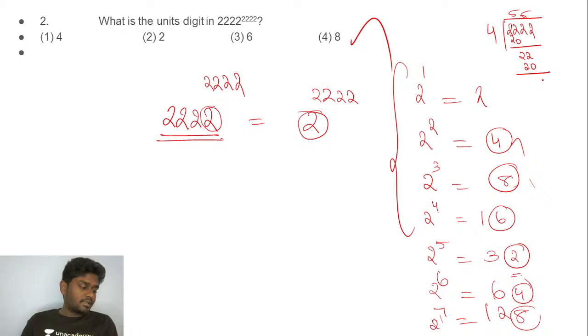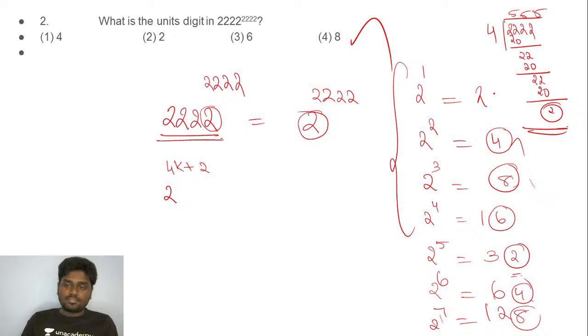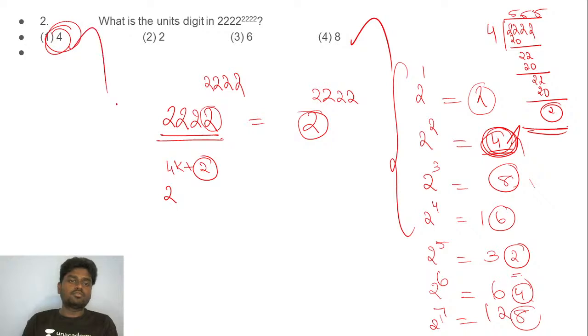So we'll be getting the remainder to be 2. So can I say I can write it as 2 power 4k plus 2. I know that 4k plus 1 is 2. So 4k plus 2 will be the second term in the unit digit cycle. That's it. It's going to be option 1, 4. The unit digit of 2222 power 2222 will be nothing but 4. This is going to be your unit digit. That's it.